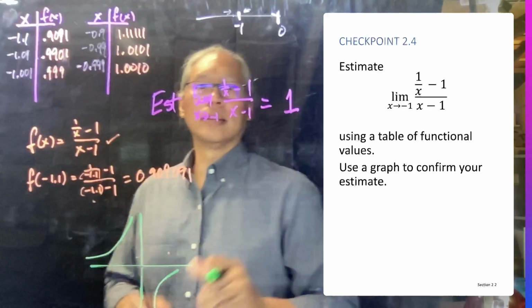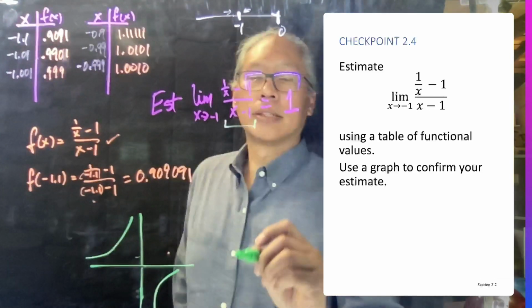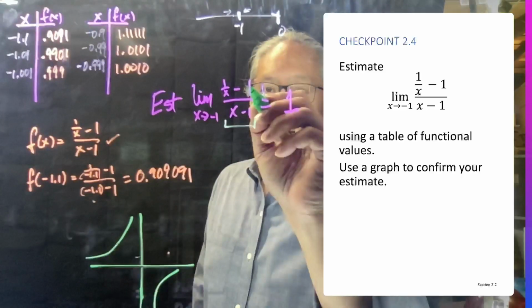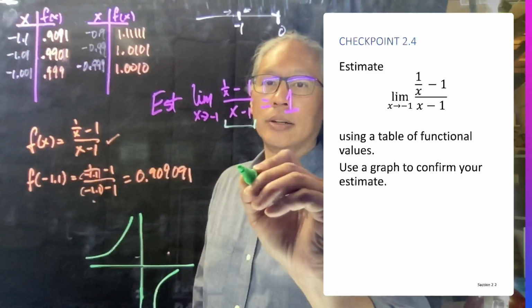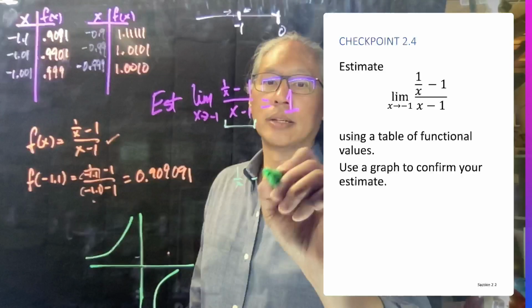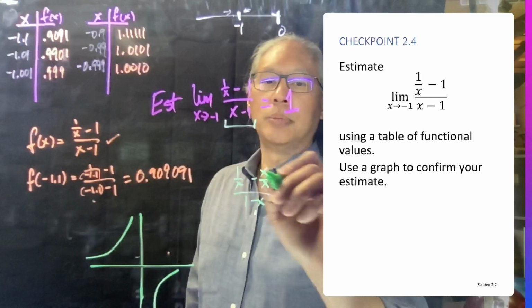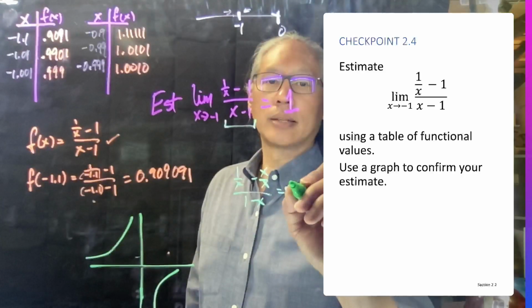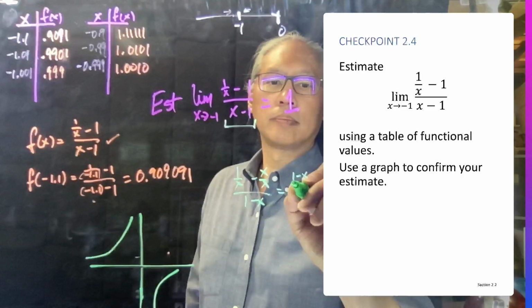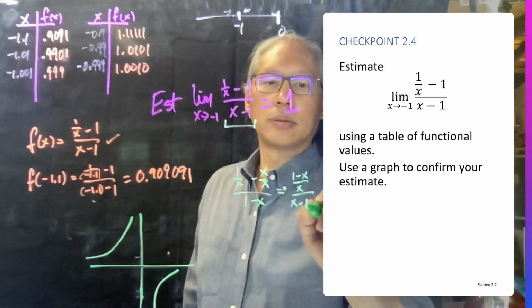We can take a look at this expression and simplify it. If we simplify it with common denominators in the numerator, I'm going to get 1 over x minus x over x divided by 1 minus x. So this would be 1 minus x divided by x on top, and x minus 1.